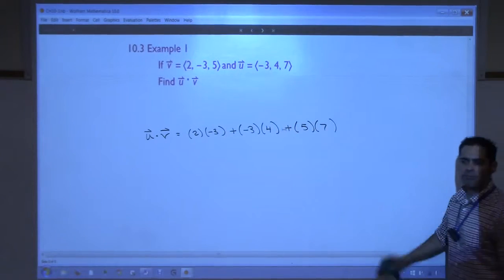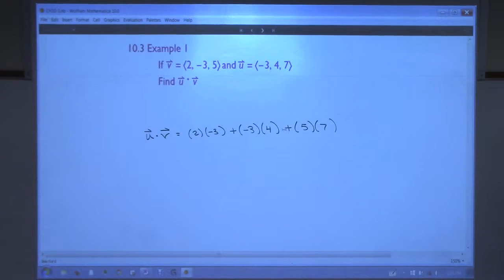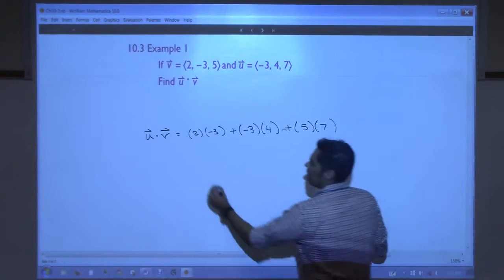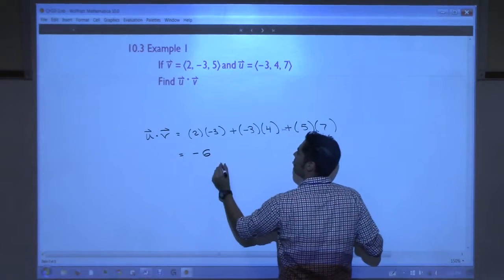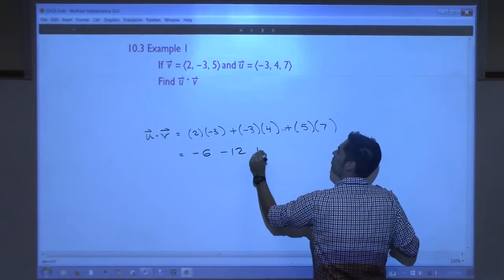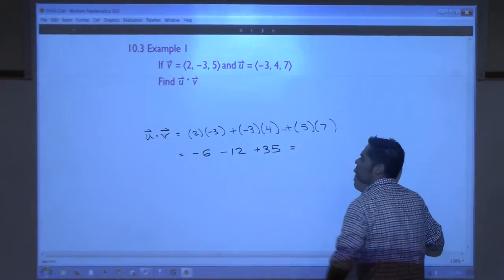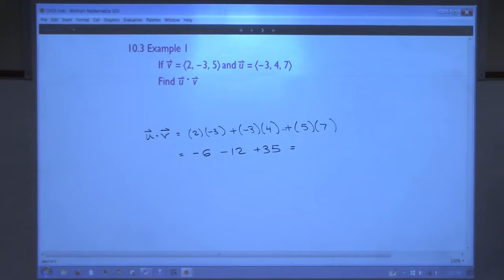That's what I'm doing. So -6 minus 12 plus 35, which is 17?